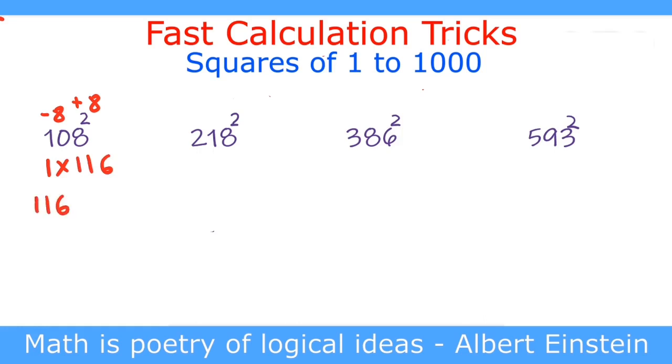We write 116 as it is. Now the square of plus or minus 8 is 64, as we need only 2 digits after 116. So we directly write 64 after 116. Thus the square of 108 is 11,664. We go to the next question, 218 square.